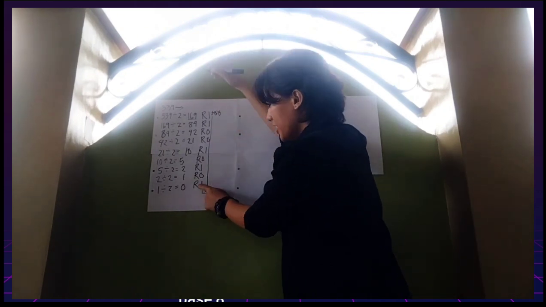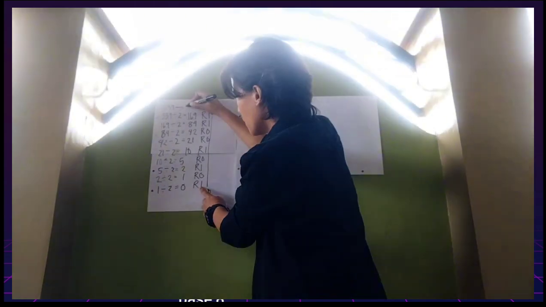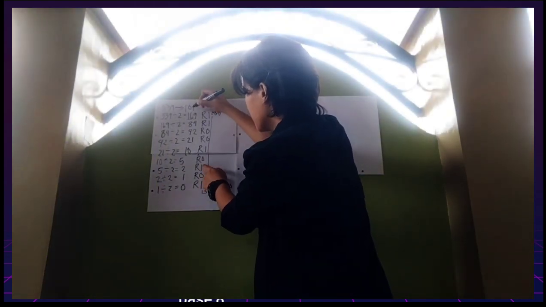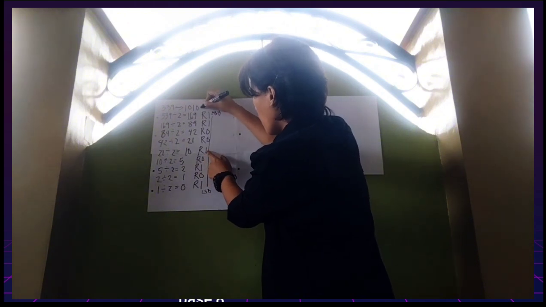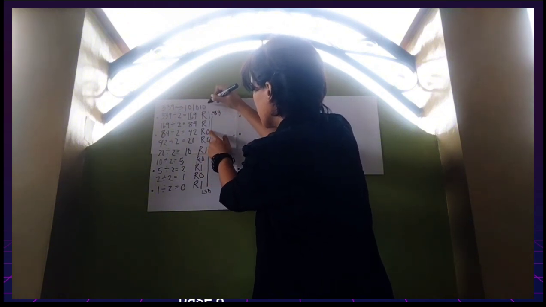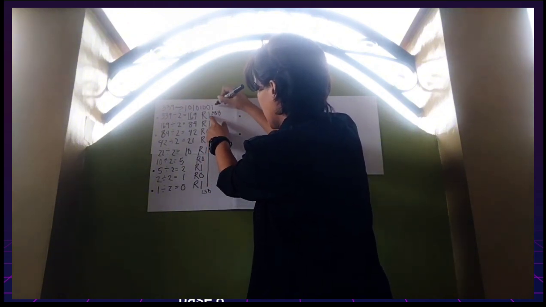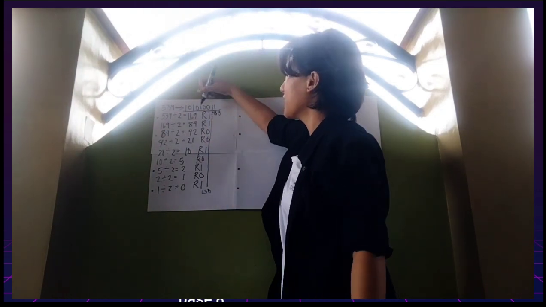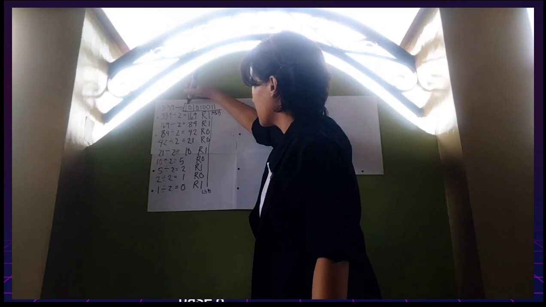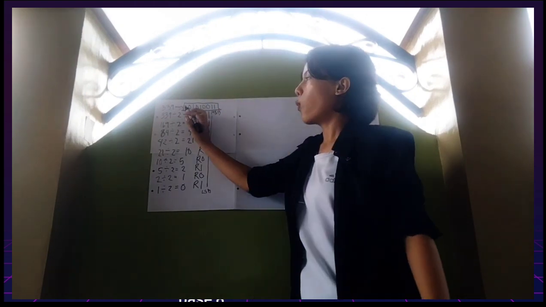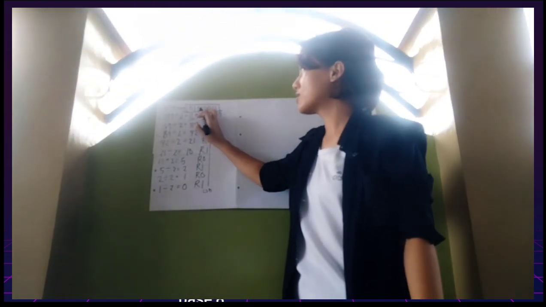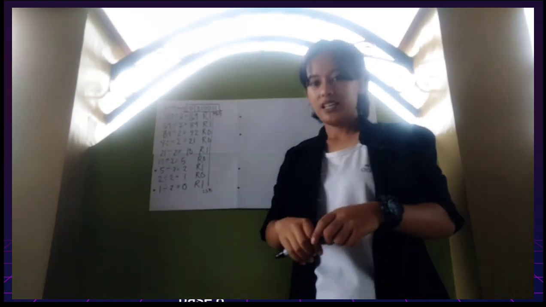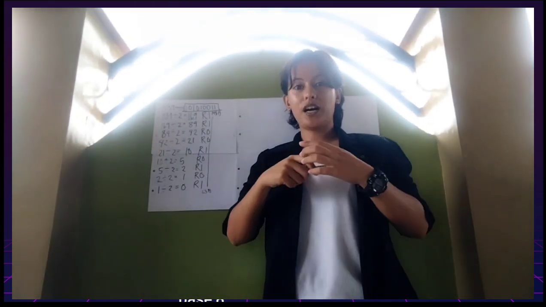Let's start here in the lower part, where we have 1, 0, 1, 0, 1, 0, 0, 1, and 1. So this is our binary number. So this is our answer: 101010011. So it's easy, guys, if you understand it.